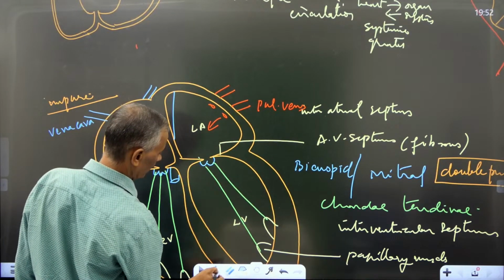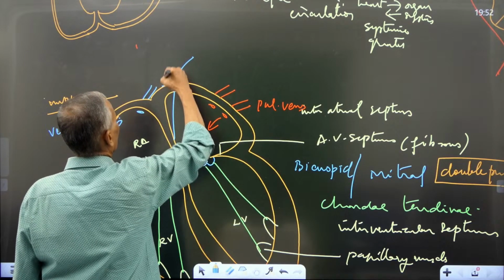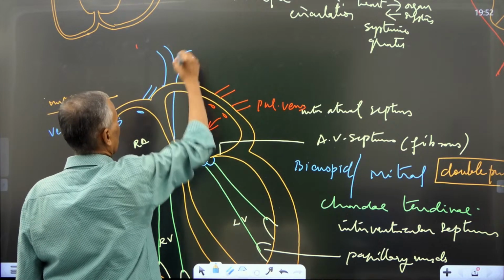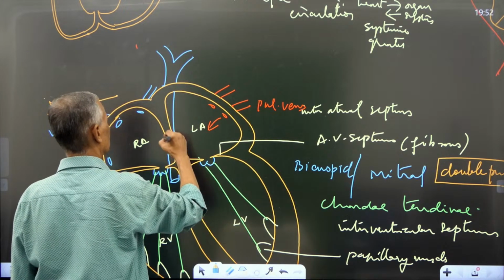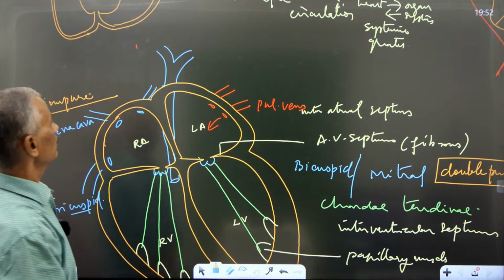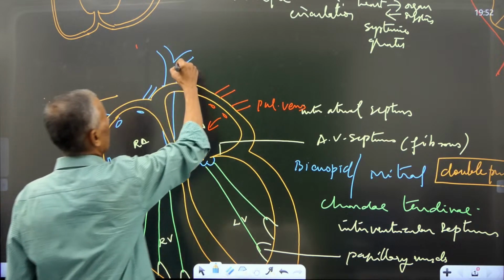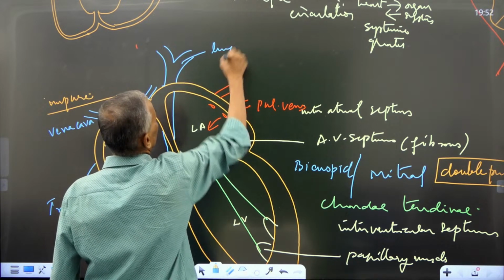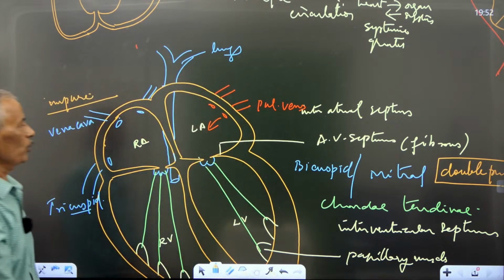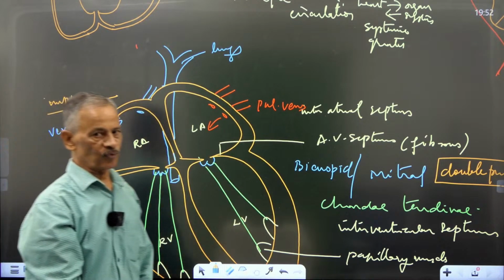This is the blood vessel that is taking impure blood from the right ventricle to the lungs, to both lungs. Okay. And blood from the left ventricle is taken to different parts of the body.